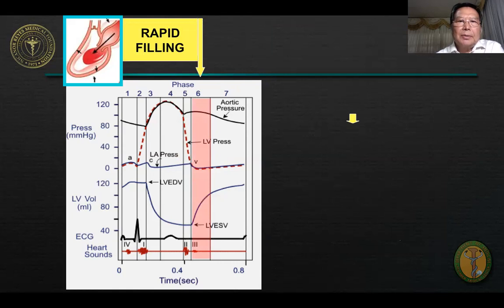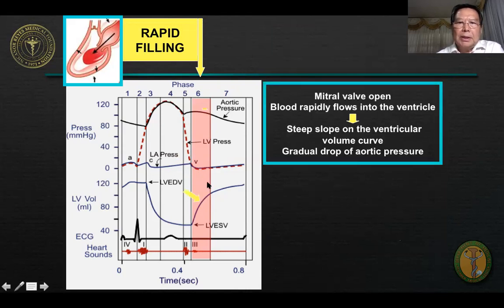Now, this is followed by the rapid filling phase. Okay, again, this colored part of the cardiac cycle. And it is at this point that the mitral valve opens and blood flows from the left atrium into the ventricle, right? So the ventricular volume, this is again your ventricular volume.